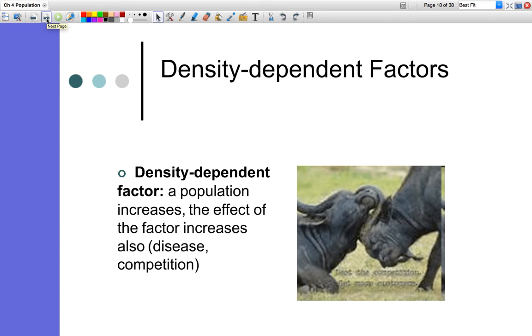Conversely, if you're out in a more remote location, there are fewer people around. There's less exposure per person to other individuals who may or may not carry disease. So those people might be less likely to get disease or spread disease.